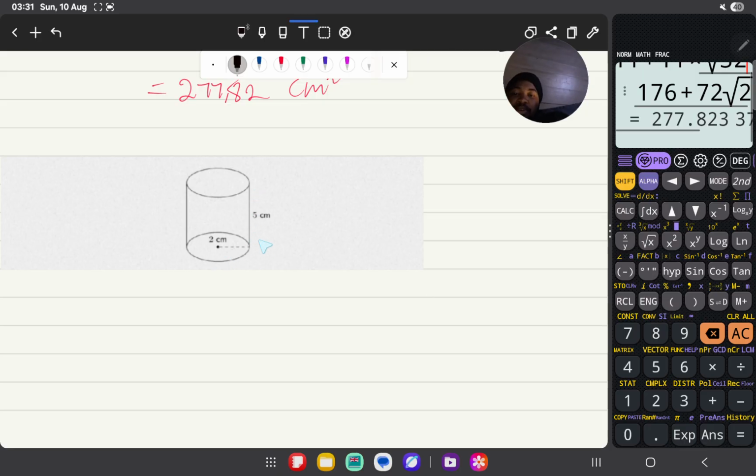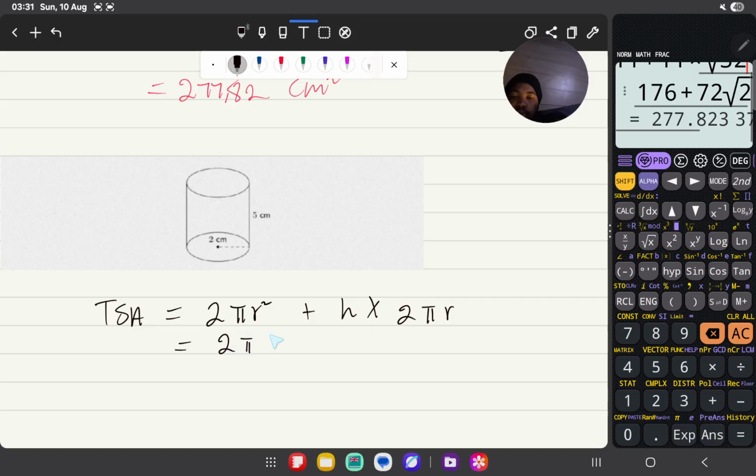Cylinder, of course, we have your height. So remember, the TSA is going to be 2 pi radius squared plus your height multiplied by circumference, which is 2 pi radius.